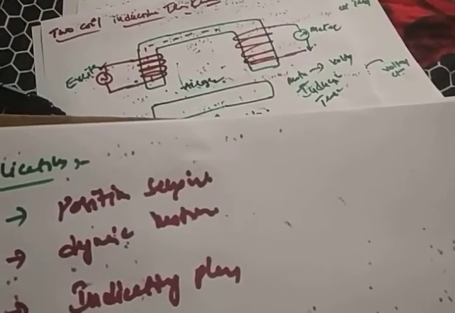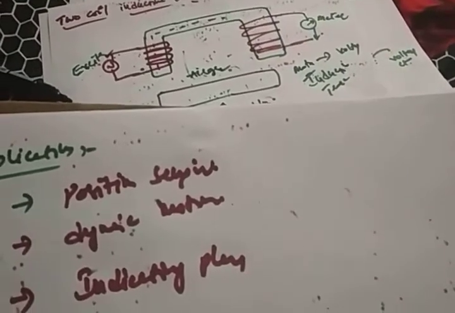What is the working principle of an inductive transducer? If you want to find an unknown non-electrical quantity, it is measured by measuring the change in inductance, that's it. There are two types of inductive transducer: single coil and two coil.